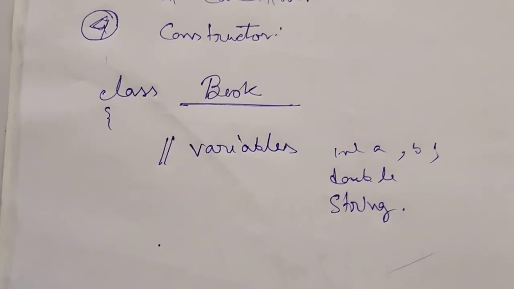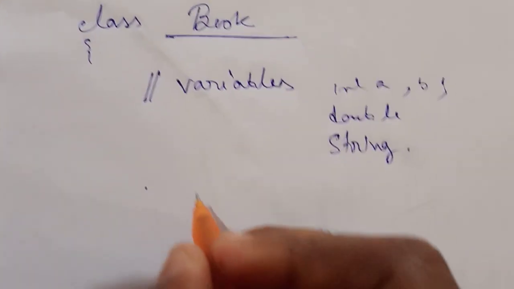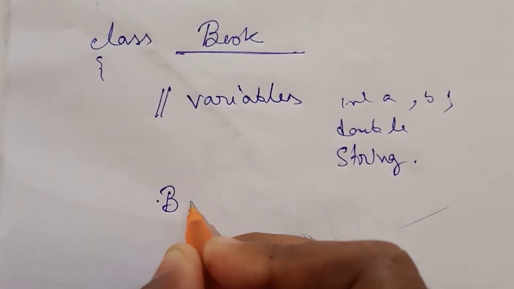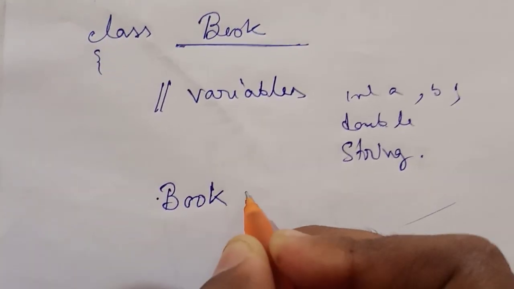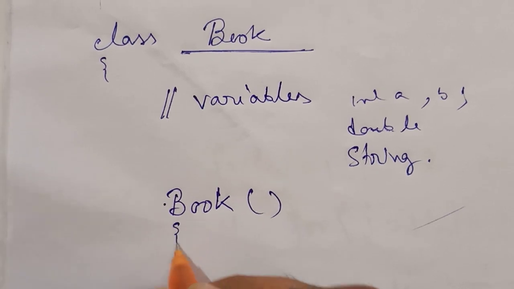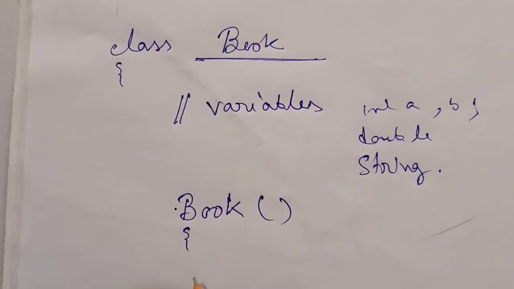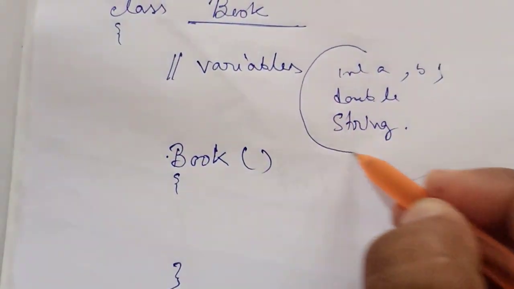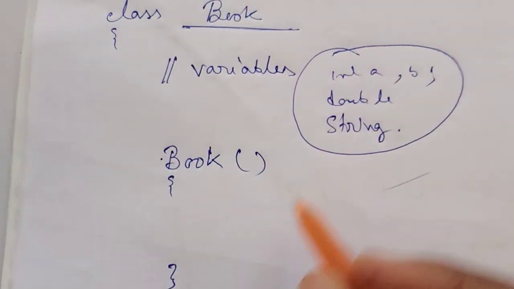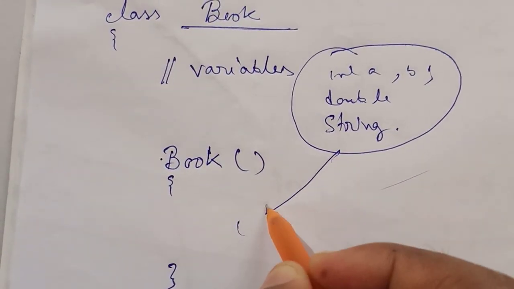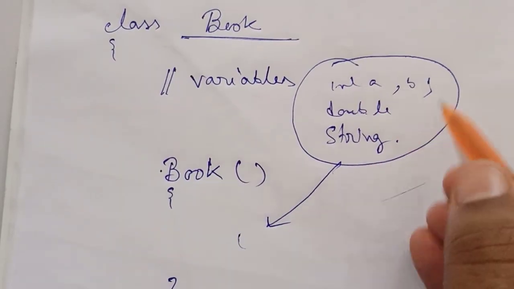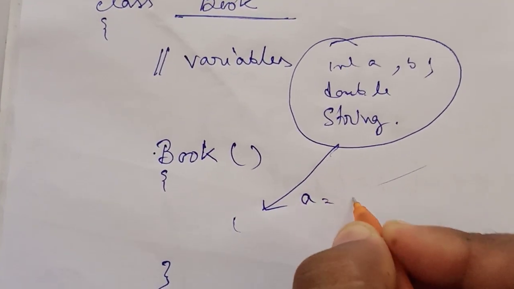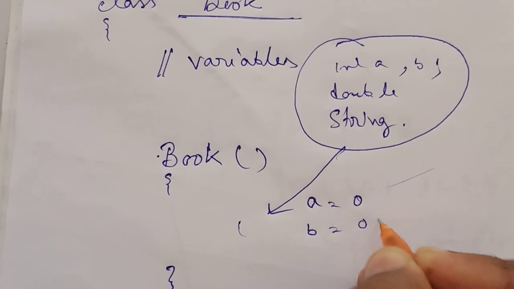Now for the constructor, what will we do? You just write Book, and open and close the first bracket. Then in this constructor, whatever variables you are using, you write the initial value of each and every variable. Suppose you are using a and b, then you write a is equal to 0, b is equal to 0.